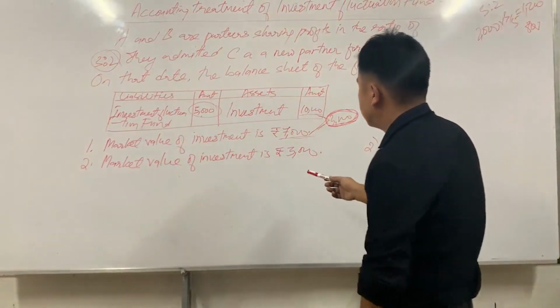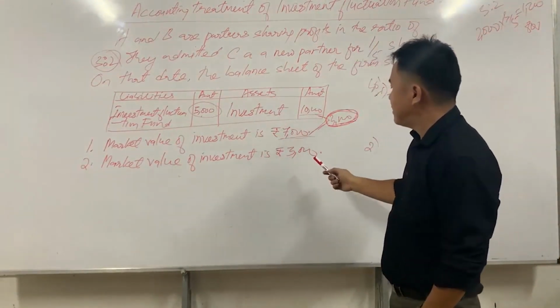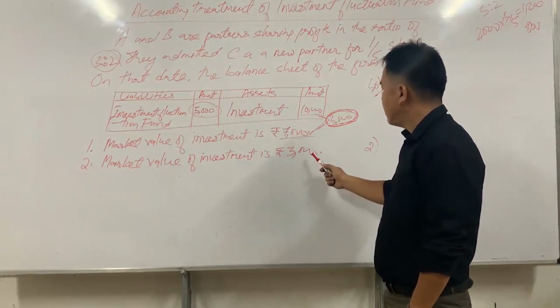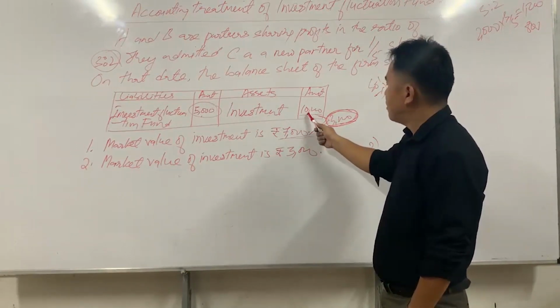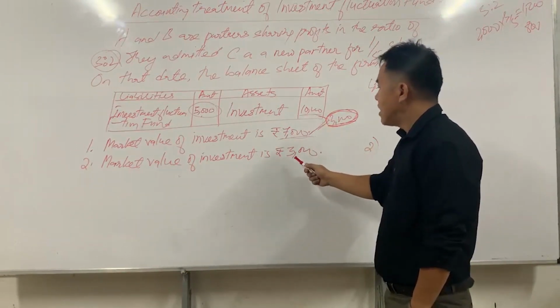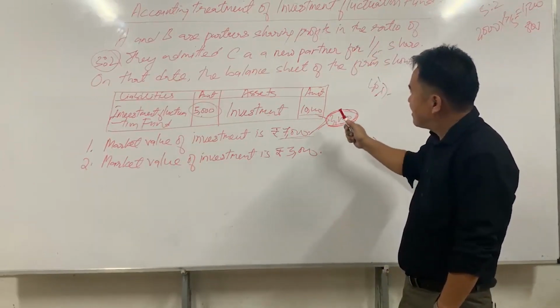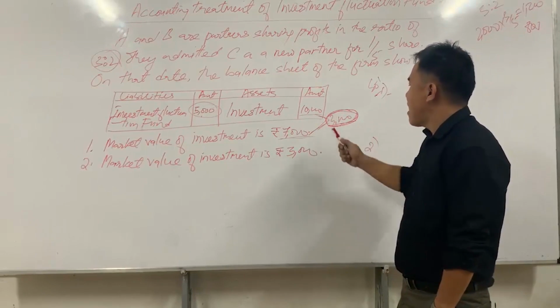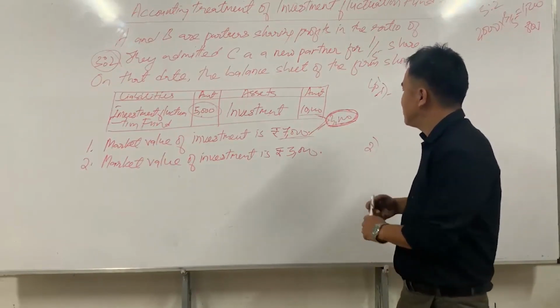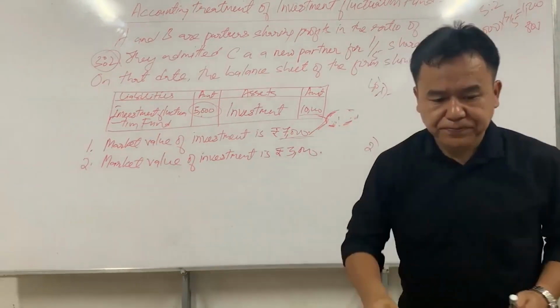Here, the market value of investment is 3,000, whereas its book value is 10,000, which means the market value is much less than the book value.